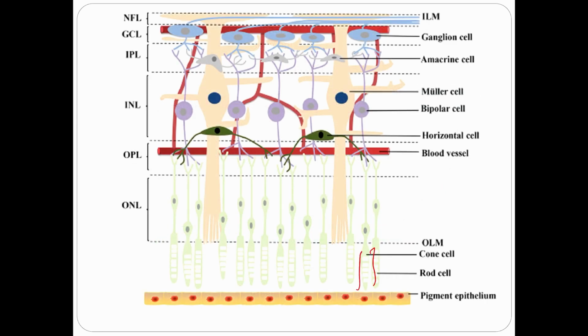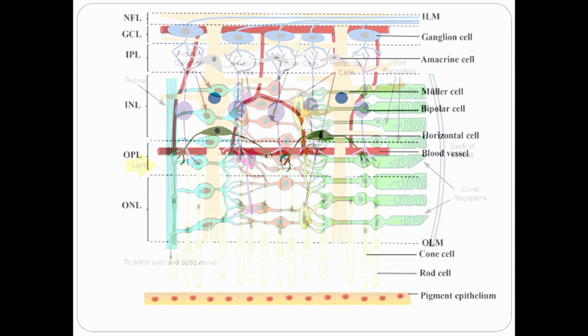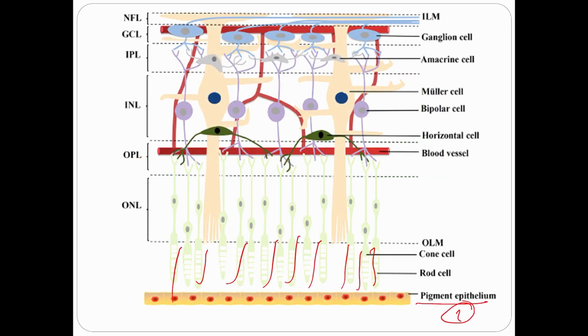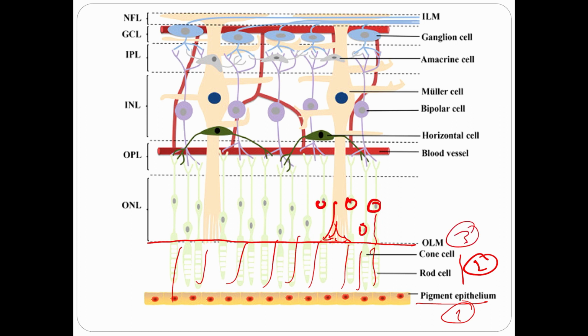See the rods and cones, and we have already told you that the pigmented epithelium layer is layer number 1, rods and cones outer segments are number 2. Then is the outer limiting membrane, which comes from the short processes of your Muller cells. This is number 3, and then surely come the rods and cones nuclei, the outer nuclear layer.